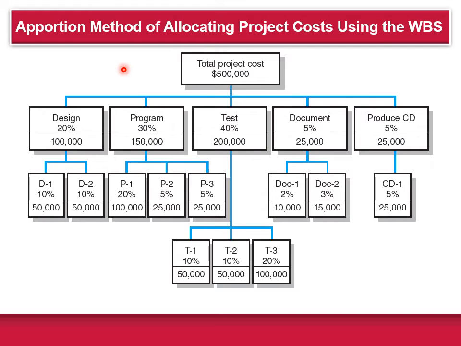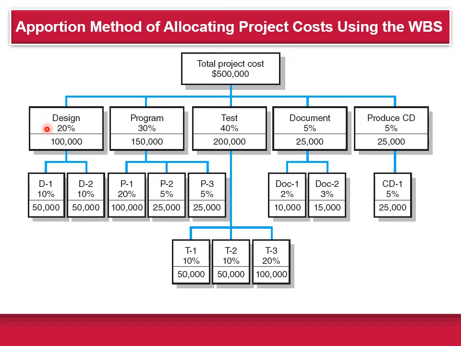So this figure shows an example similar to one you find in actual practice. Let's assume this is the apportion method for allocating costs that uses the WBS. Let's say the total project cost is $500,000, and we can use the percentages.